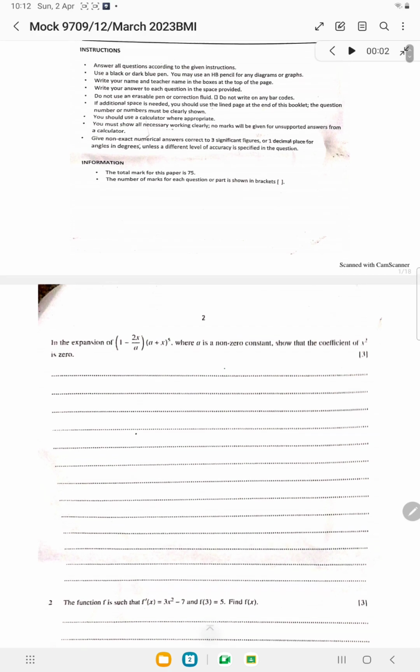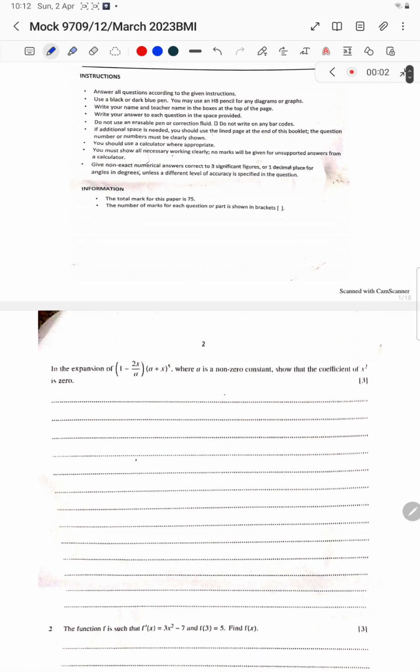So you just need to write (1 − 2x/a)(a + x)^5. As we are interested only in the coefficient of x², which must be 0 to prove it, we just need to expand the second expression until we get the term x².